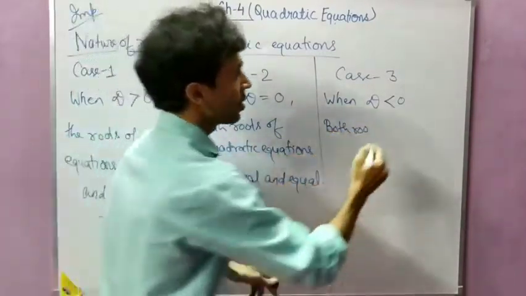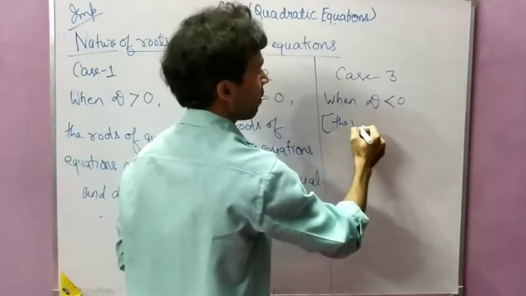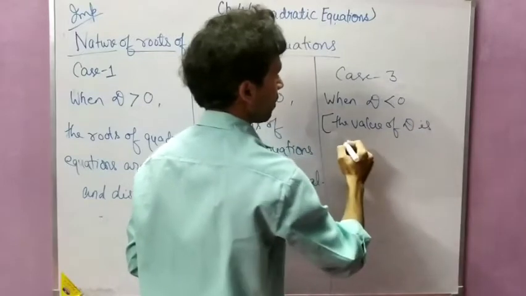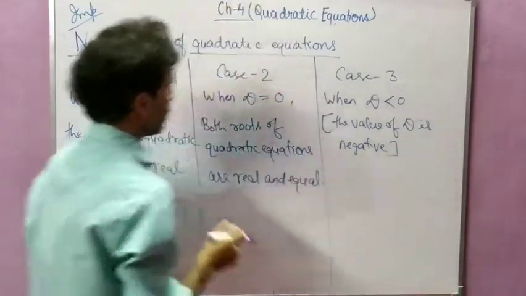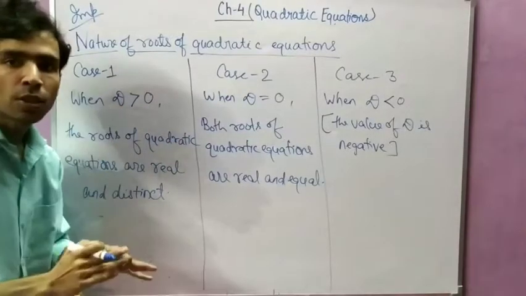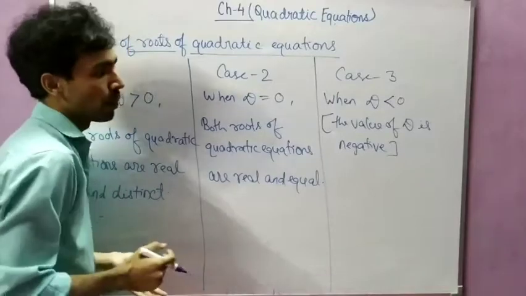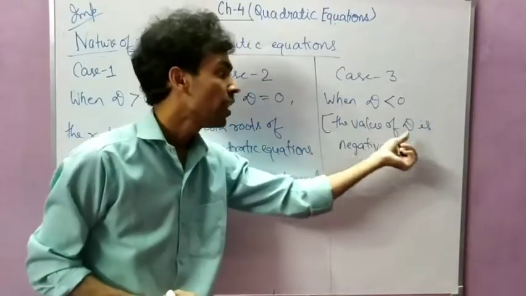Less than 0 means in bracket I can write the value of D is negative. Greater than 0 means the value of D is positive. Equal to 0 means the value of D is equal to 0. So when D less than 0 means the value of D is negative.